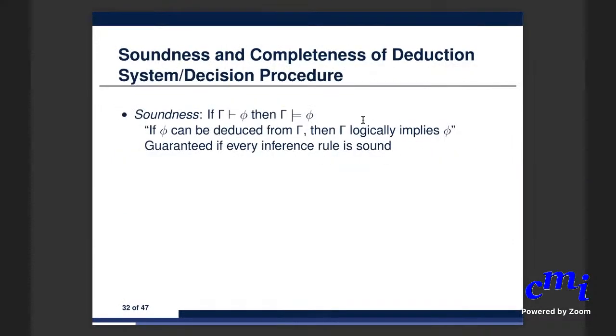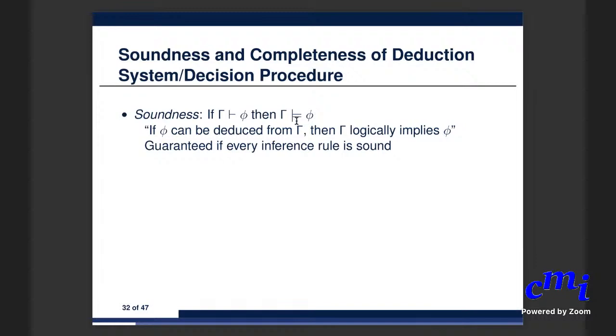So soundness says that if I can derive a formula phi in a logic from a set of assumptions gamma, strictly by applying the inference rules, then it has to be semantically sound.